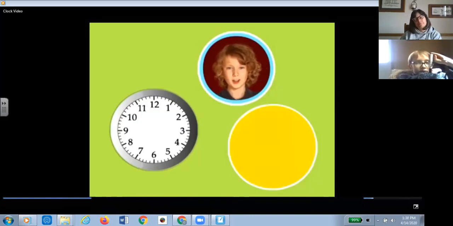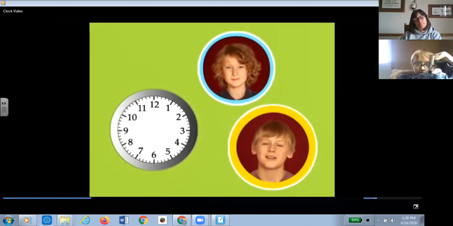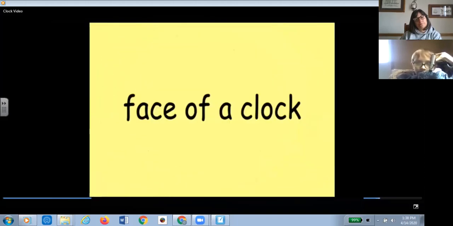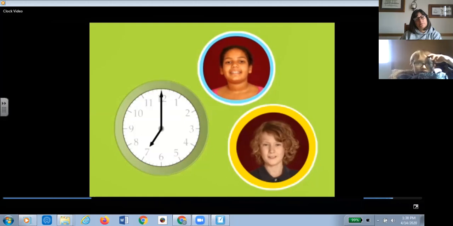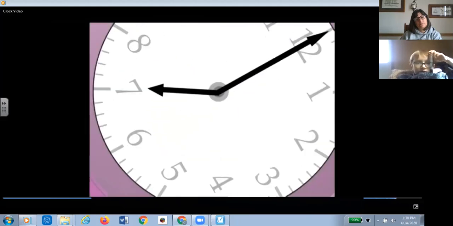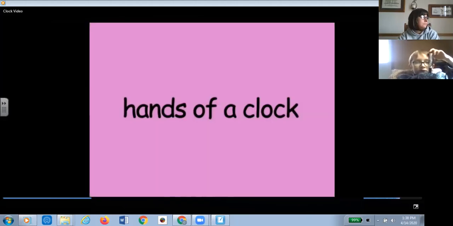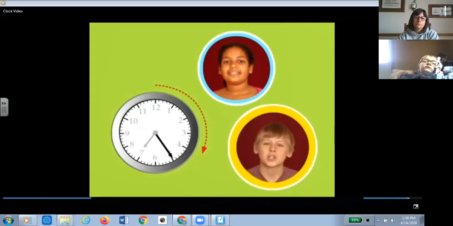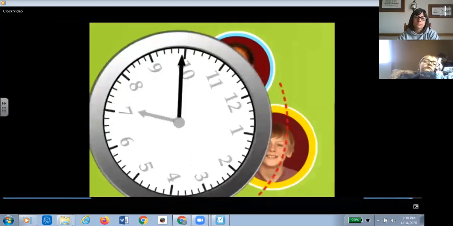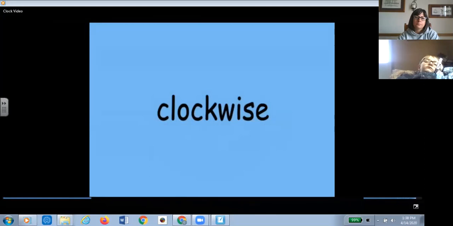Face of a clock. Hands of a clock. Clockwise.